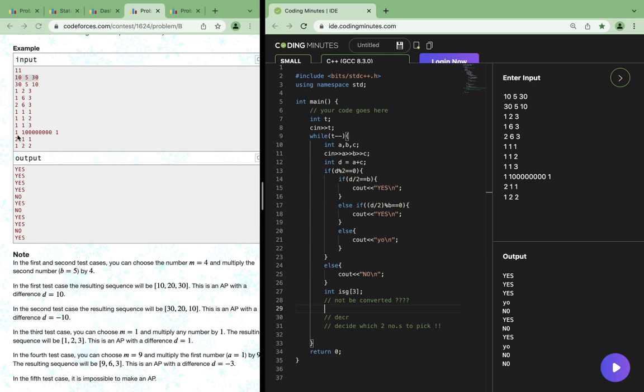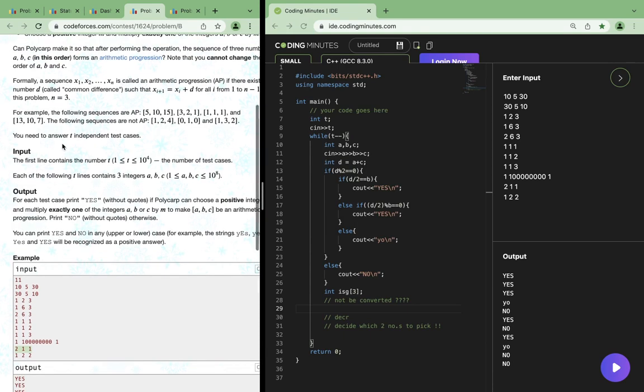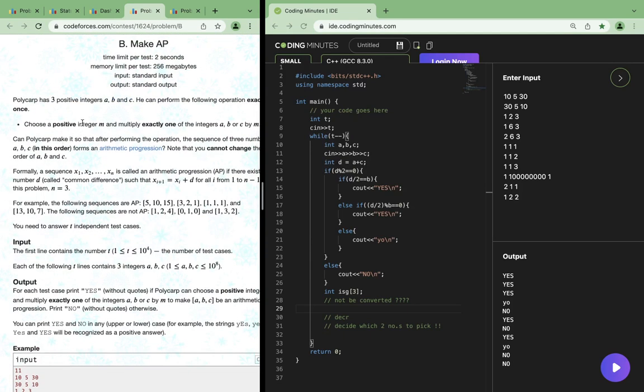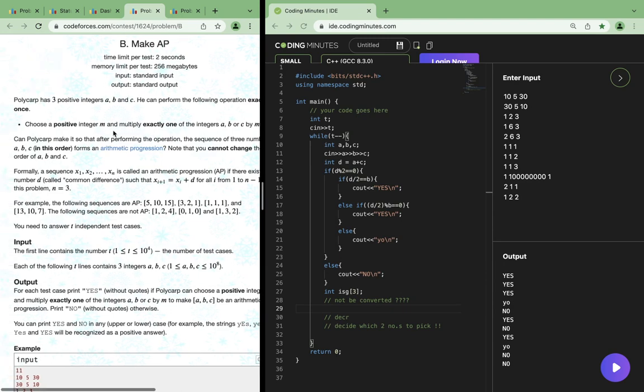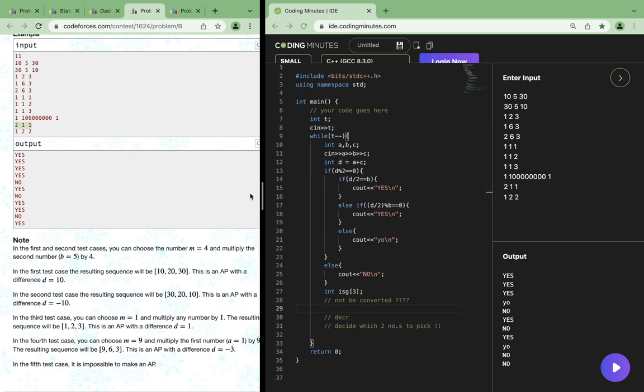In this case, can't we multiply the last number by 0? Okay, so positive integer m. So we can't multiply by 0. When can this not be converted?